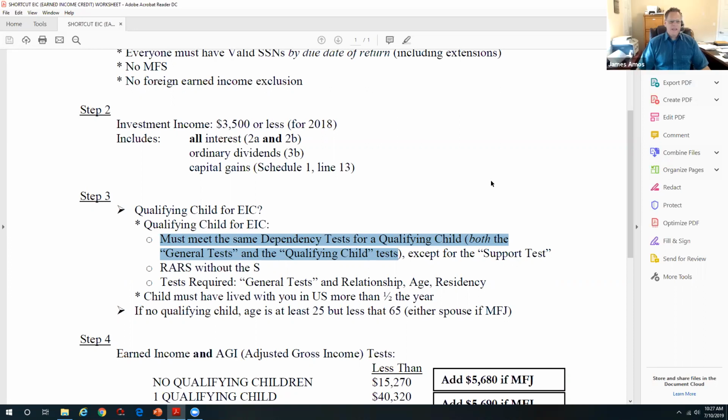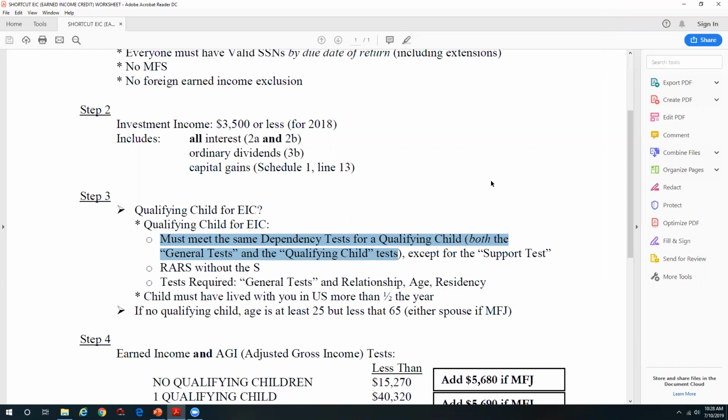Excuse me, I jumped over the second R. What does the second R stand for in RARS? Residency test. Someone pipe in and tell me, what does the residency test say? It must reside with you for more than six months of the year. That's right, more than half the year. Exactly right.